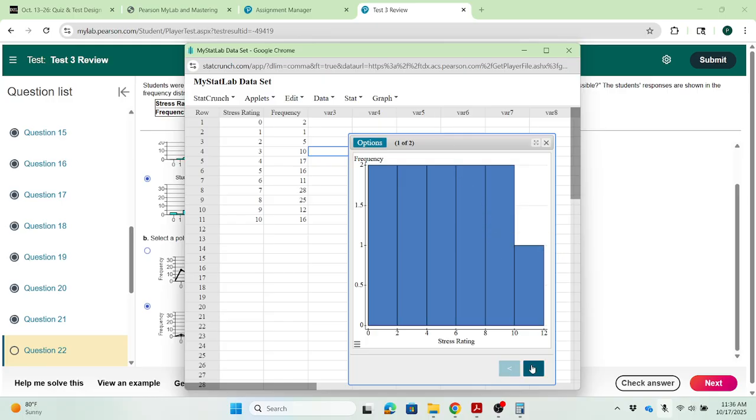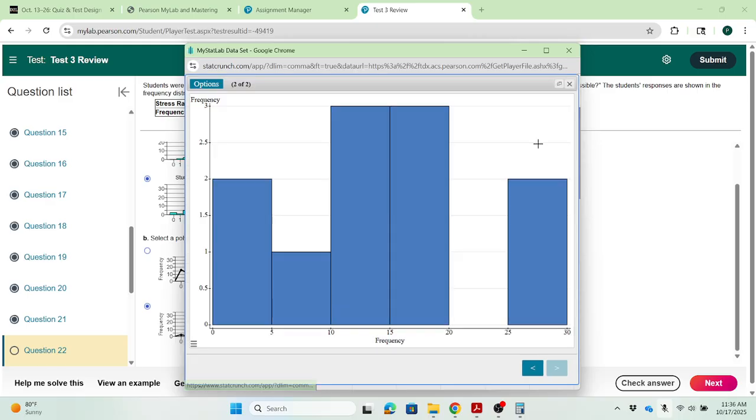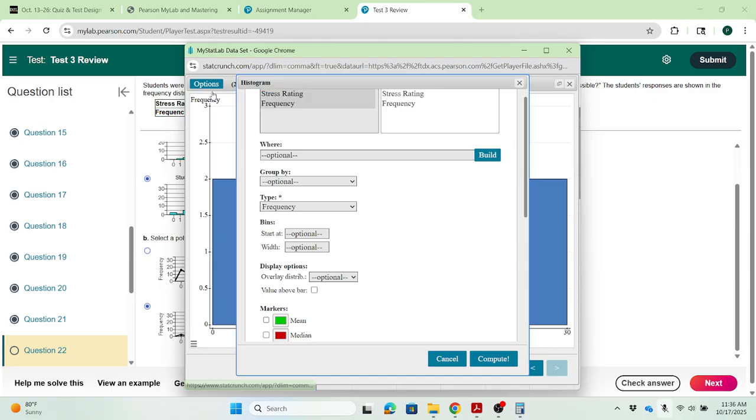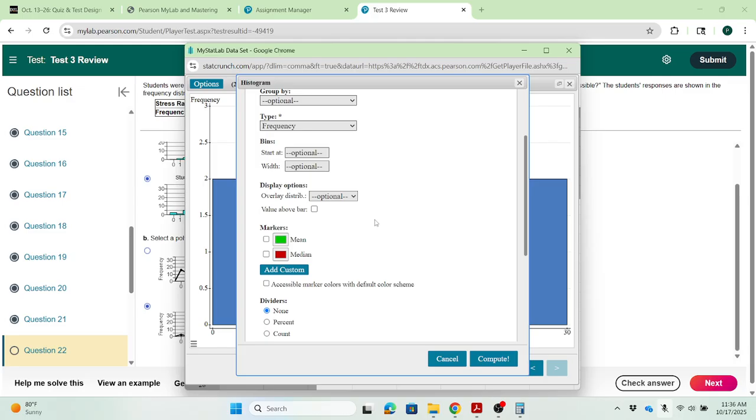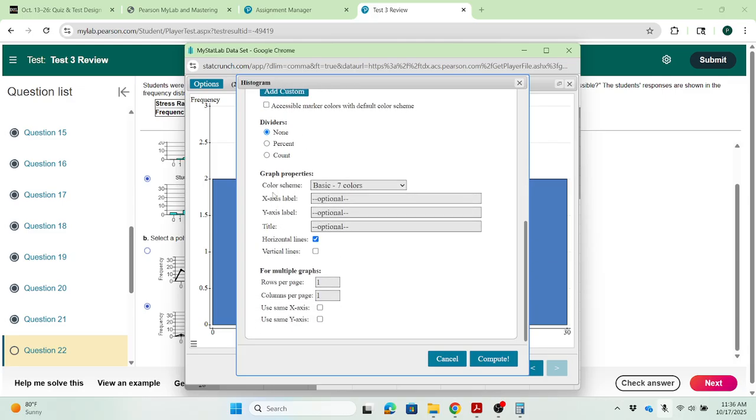I have to zoom in, so I need to change the scale here. Color scheme, basic 7 color, X label, Y label, rows per page.